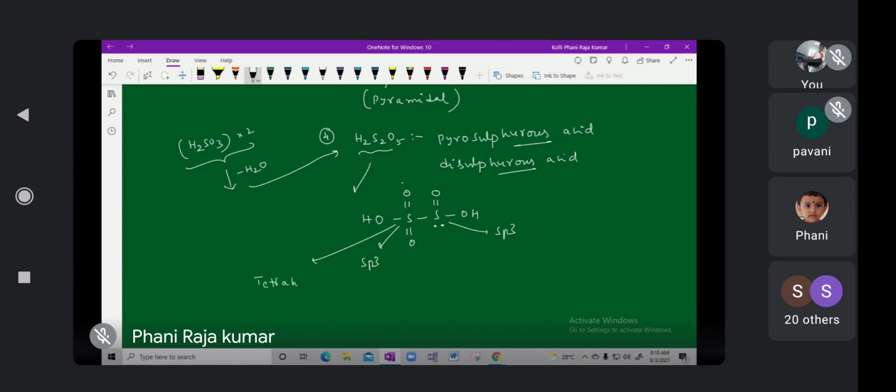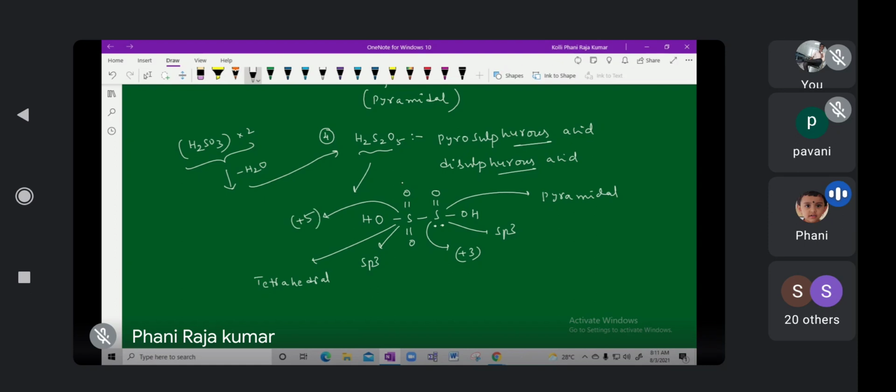Therefore, left side sulfur tetrahedral. Because of lone pair, right hand side sulfur is pyramidal sulfur. So one pyramidal sulfur and tetrahedral sulfur are linked, and oxidation states also different. Left hand side sulfur +5 oxidation state, and right hand side sulfur +3 oxidation state.